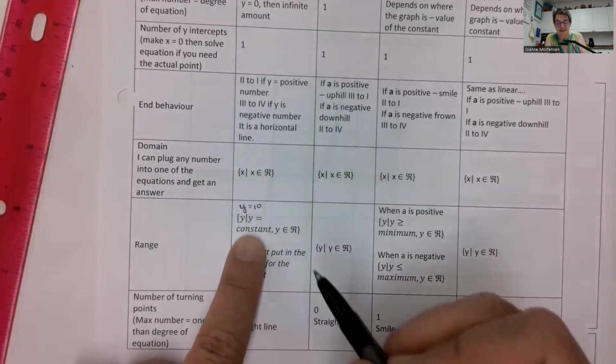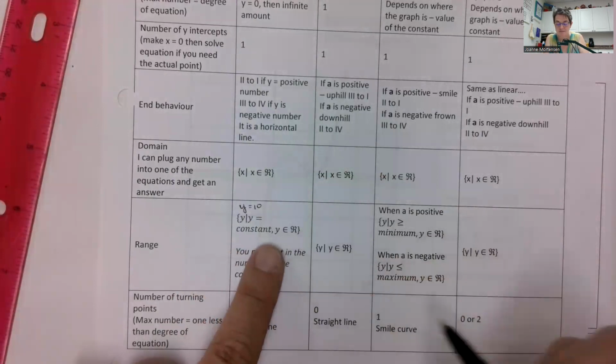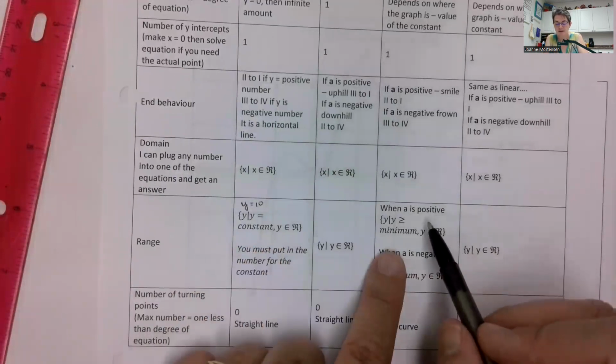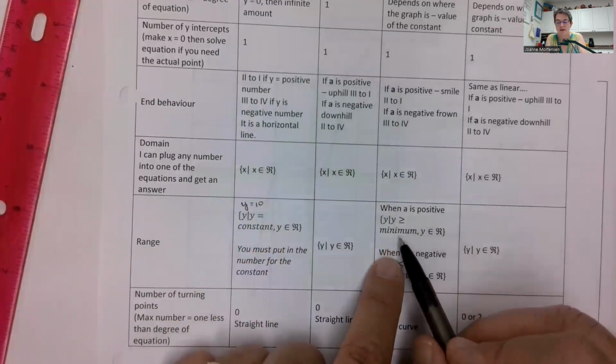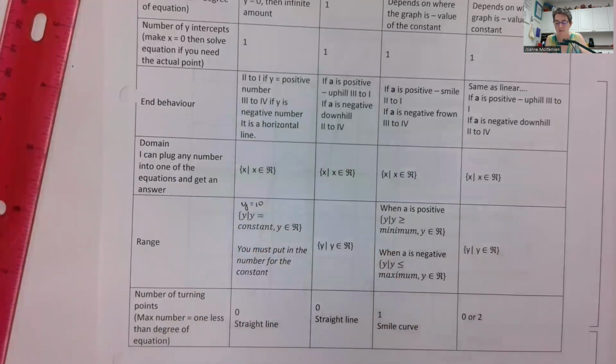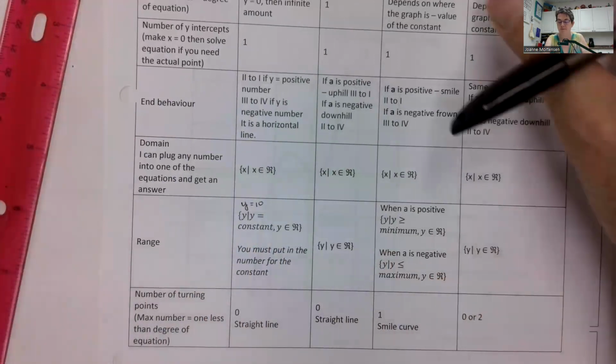So you're not going to put the word constant in there. I had some people do that on the last assignment. When it's a quadratic, you have to be more careful with the maximum and minimums. But follow along with this, watch the other videos, you're going to be golden. Or come see me.